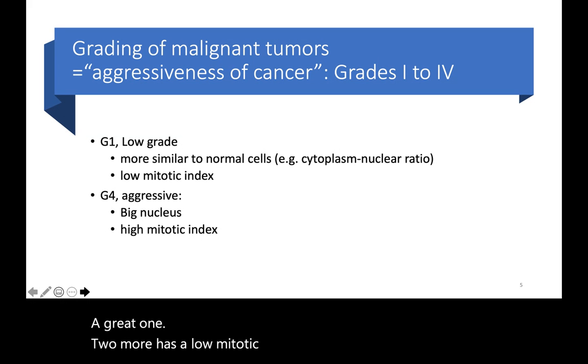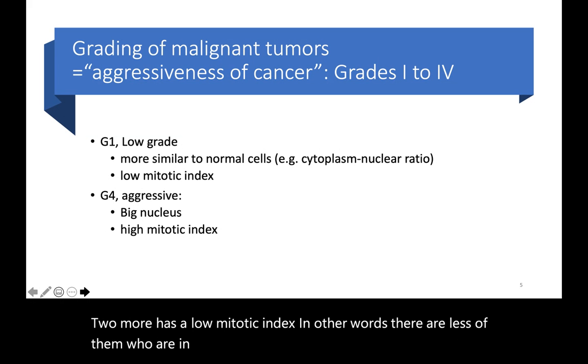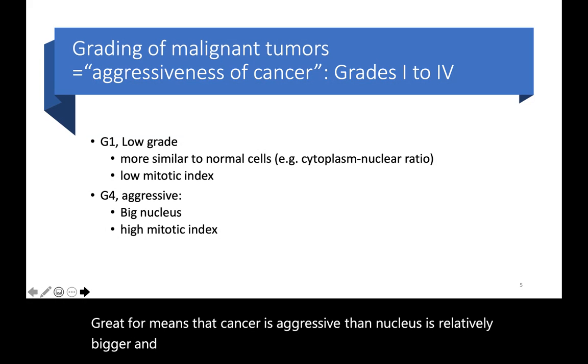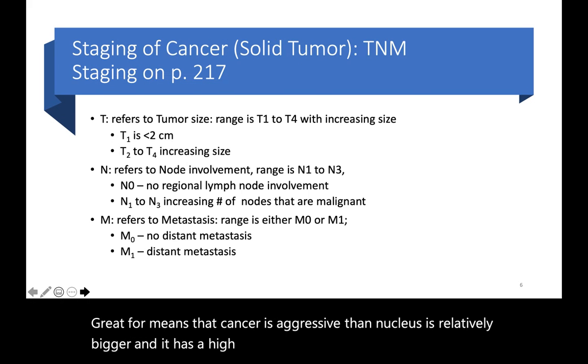In other words, there are less of them who are in the state of mitosis or division. Grade 4 means that cancer is aggressive. The nucleus is relatively bigger and it has a high mitotic index.